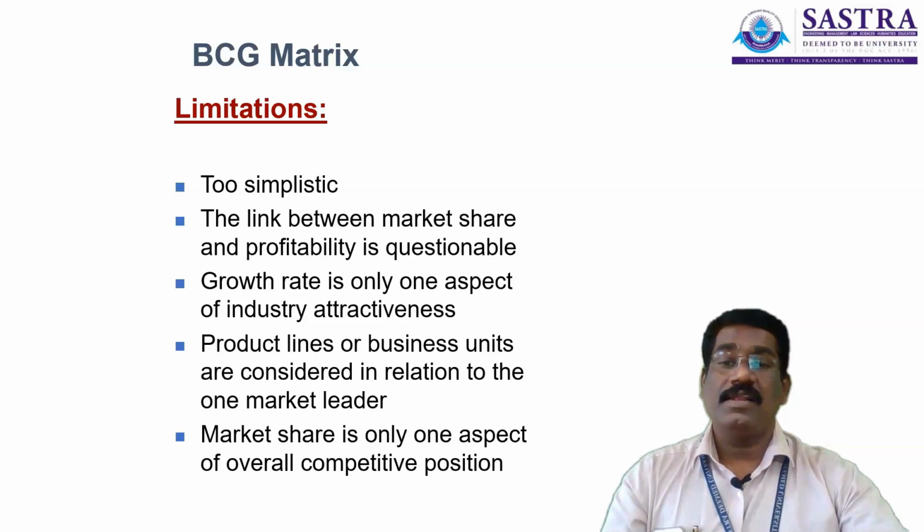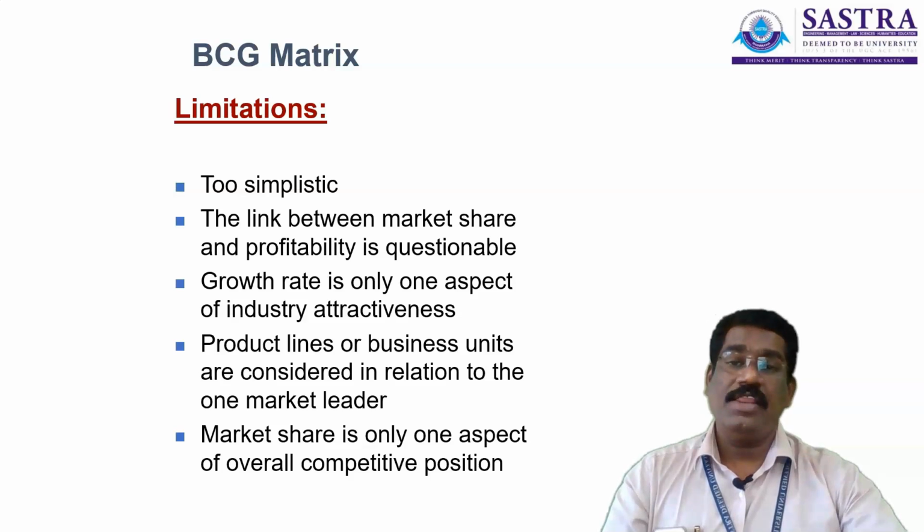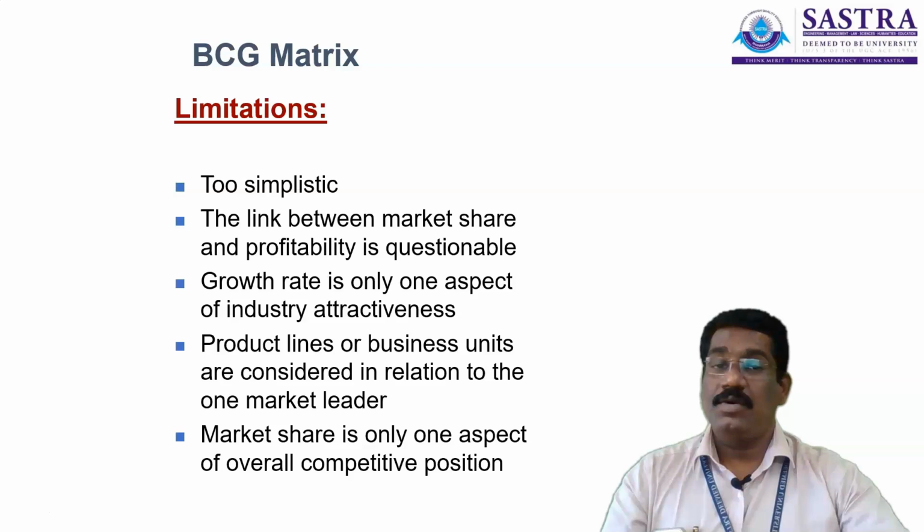Let us also look at the limitations of using the BCG matrix by organizations. The BCG matrix involves only two variables: high market growth rate and high market share. That's why we conclude it is too simplistic. The link between market share and profitability is a questionable one.